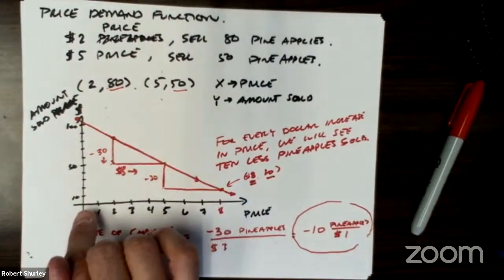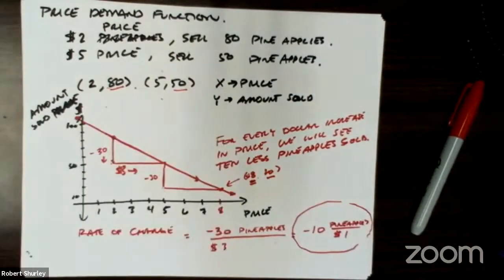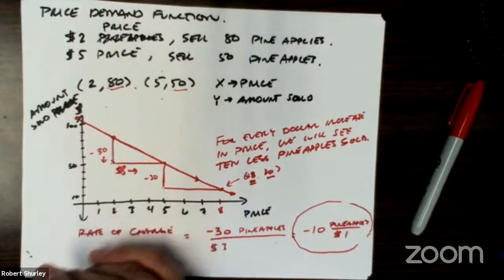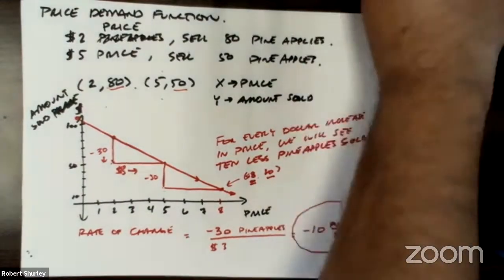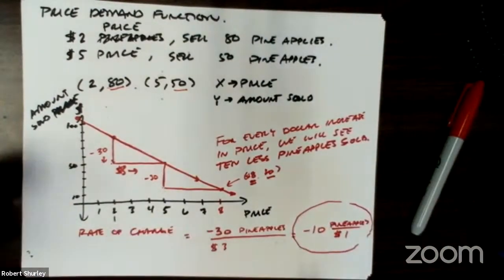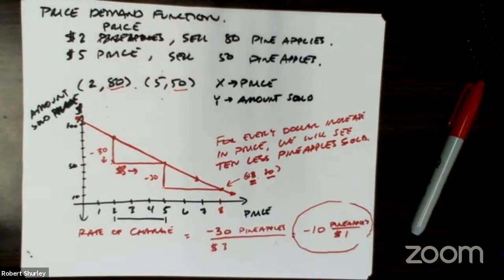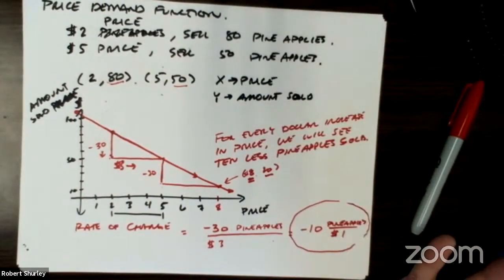If you sell 50-cent pineapples, you're going to sell them all day, every day, but you're not going to make your money back. So he's not going to sell for less than $2, probably because of the cost involved in putting the pineapple on the shelf, right? That's why in the statement, he said it's got to be, let's say he, could be she, between $2 and $5. The shop owner said, look, these pineapples have to be between $2 and $5 for the store. Okay. Kind of neat stuff.